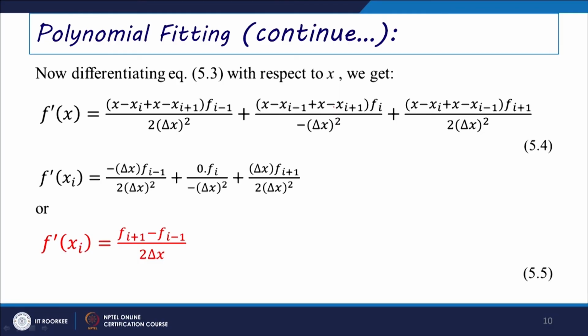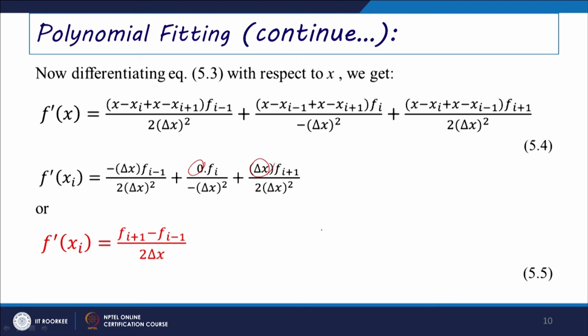Combining all these terms, for f dash of xi, if we replace x by xi, then xi minus xi gives 0, and xi minus xi plus 1 gives minus del x. Then xi minus xi minus 1 gives delta x, and xi minus xi plus 1 gives minus delta x, so these cancel each other and give 0. And xi minus xi gives 0, while xi minus xi minus 1 gives delta x, so this is delta x into fi plus 1.